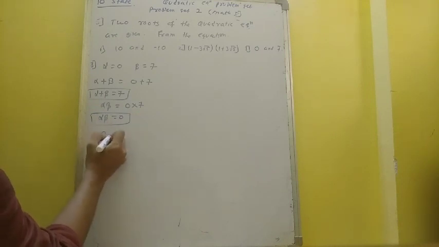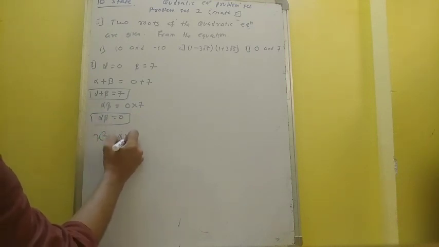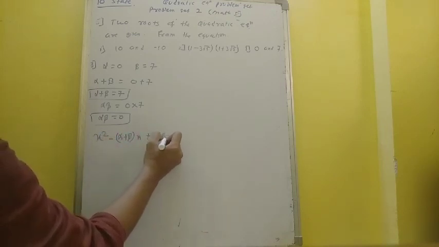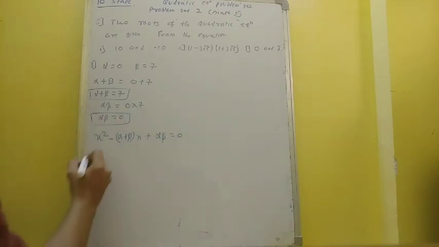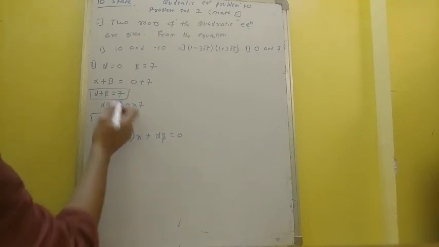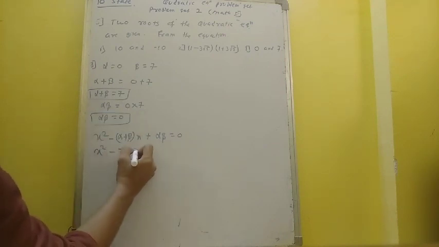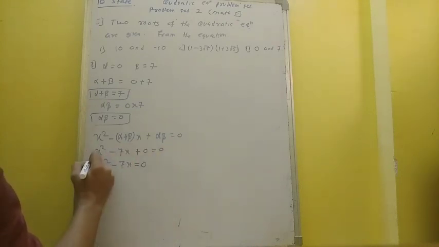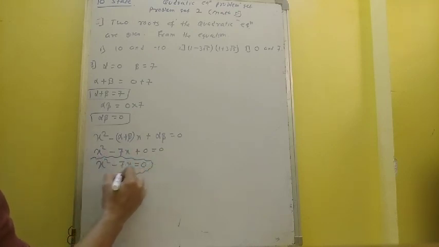For the quadratic equation, x square minus sum of the roots into x plus product is equal to 0. So x square minus 7x, and the product of the roots is 0. If you don't write 0, then also it is okay. So this is the quadratic equation, x square minus 7x. Okay.